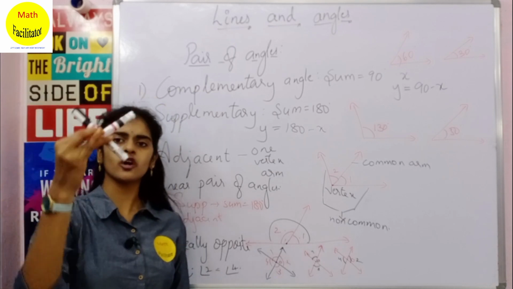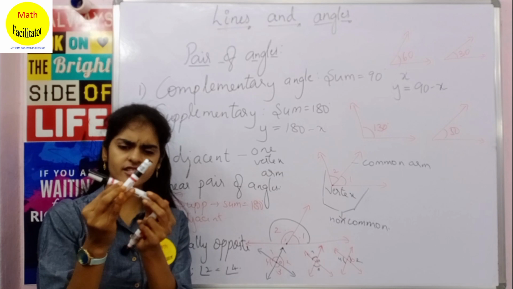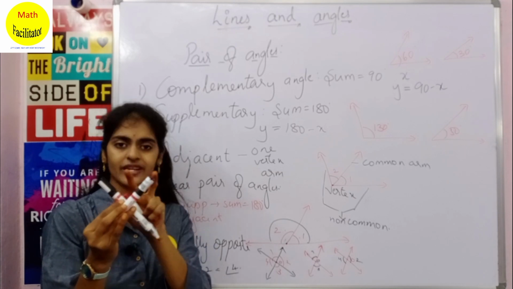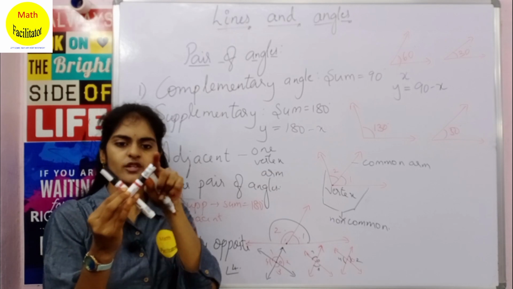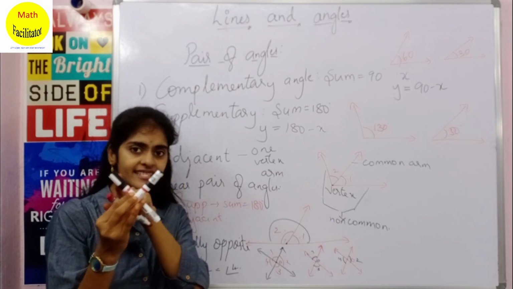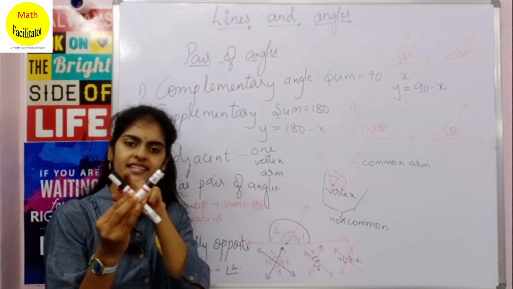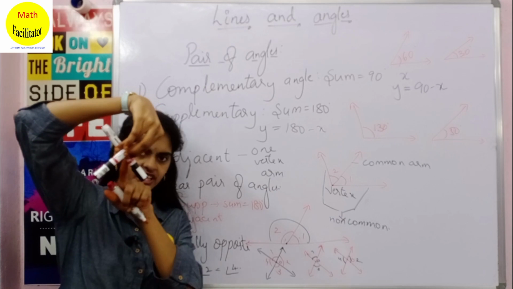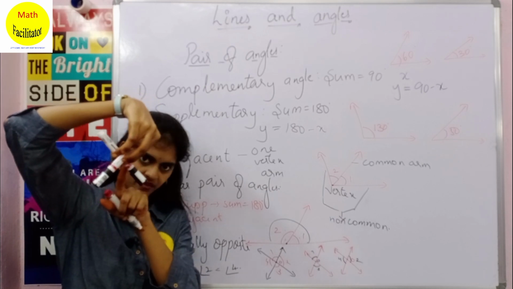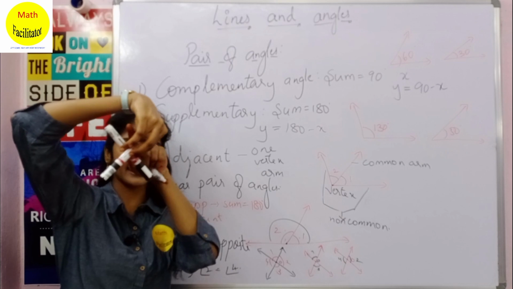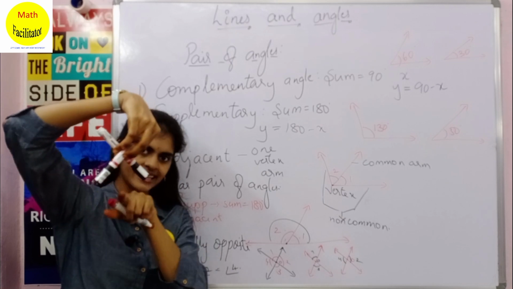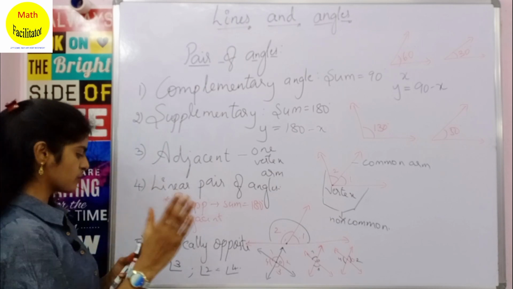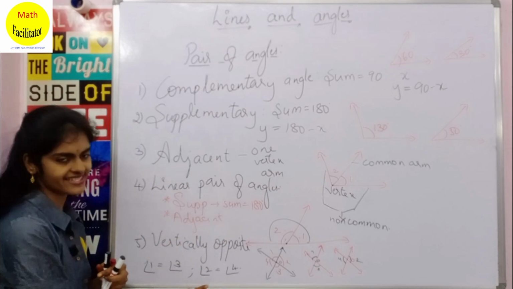Draw two lines on your paper, take two pens or two sticks, and mark something at the top end so that you can represent angle 1. Here at the top, this is angle 1. When you completely rotate this without disturbing them, you can see angle 1 is equal to angle 3. Do this and you will find angle 1 equals angle 3. So by that we write vertically opposite angles are equal.